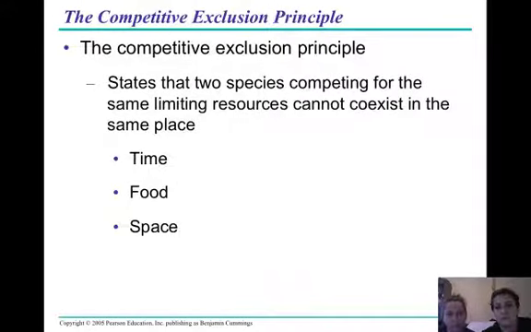Okay, there's a principle called the competitive exclusion principle, and it states that two species competing for the same limiting resources cannot coexist in the same place. They're talking about time, food, and space. And remember, when we're talking about limiting resources, we're talking about a resource that eventually will run out.